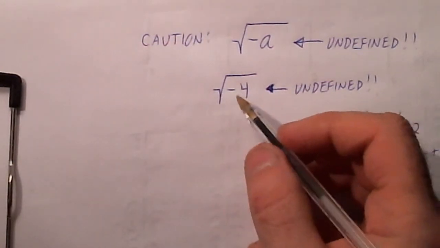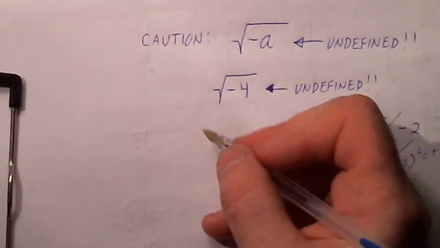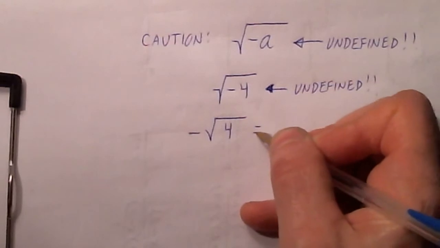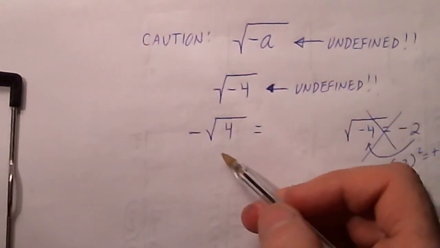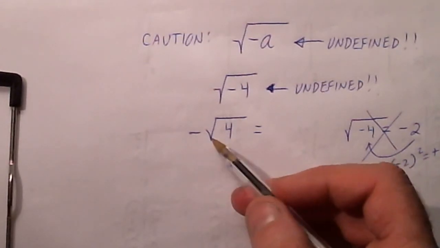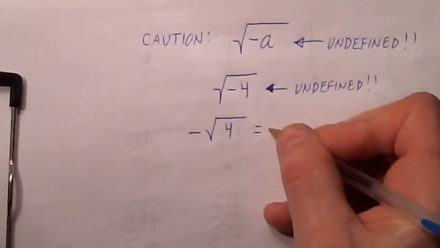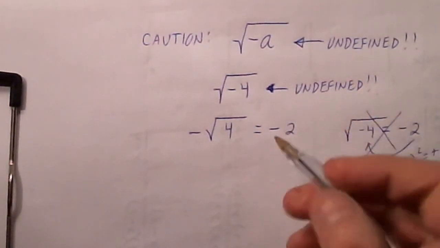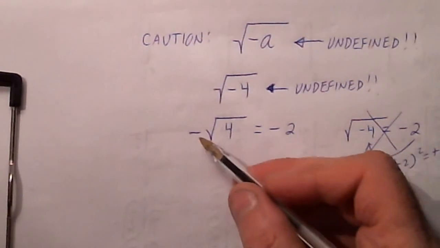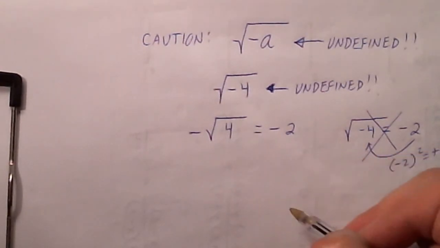Now, what if we have a negative sign appearing outside the square root? Is it still a defined real number? Well, as long as we don't have a negative quantity underneath the square root, it's always going to be a defined real number. So the opposite of the square root of 4 would be the opposite of 2. Because remember, the square root of 4 is 2, and the opposite of 2 would be negative 2.